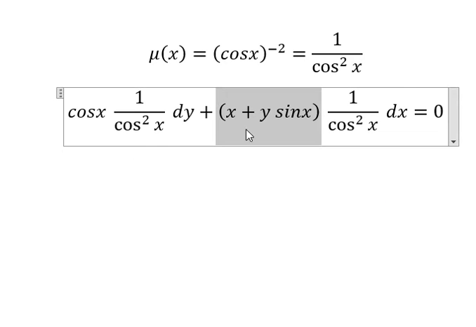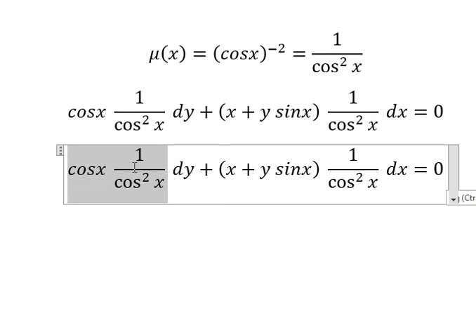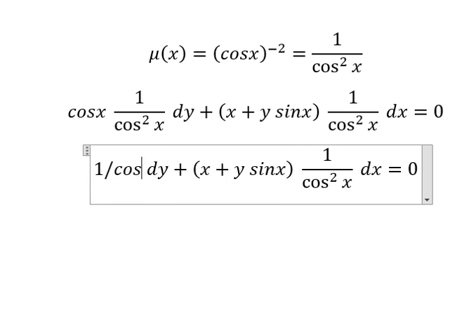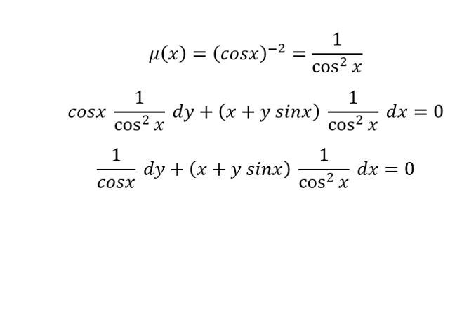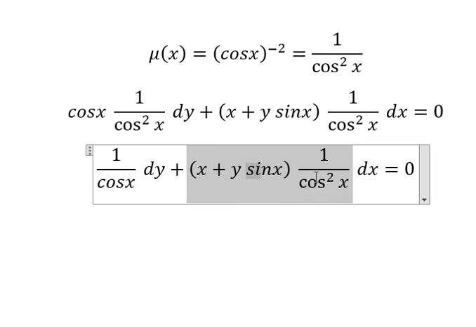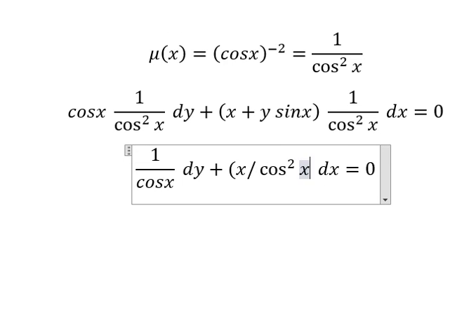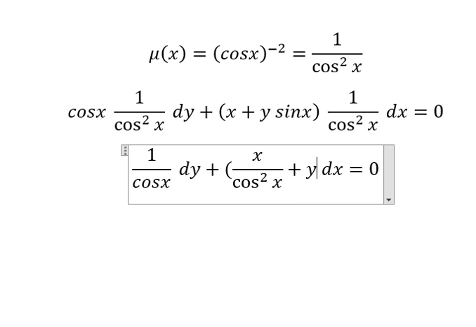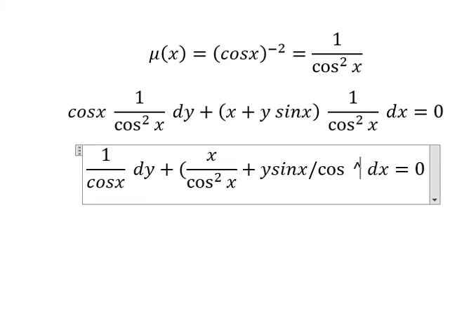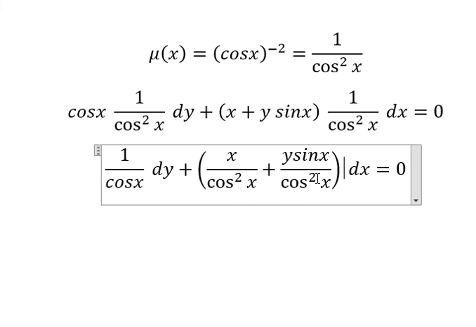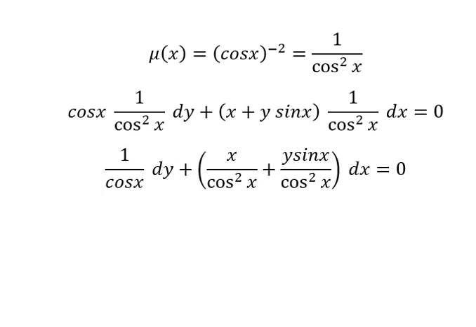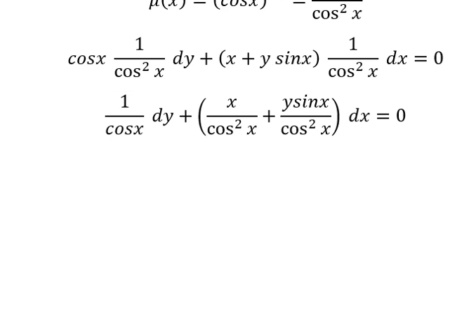Now we need to simplify. This one we have 1 over cosine x. This one we have x over cosine x square plus y sine x over cosine x square. Now let's check about this one.